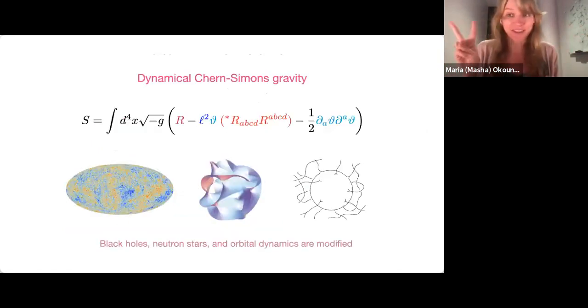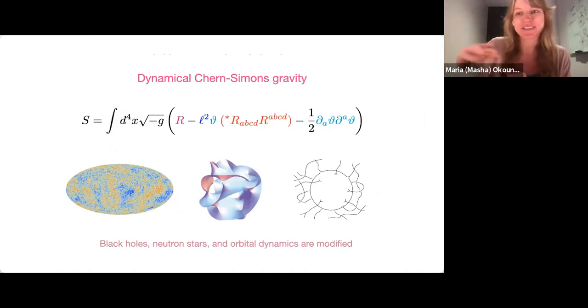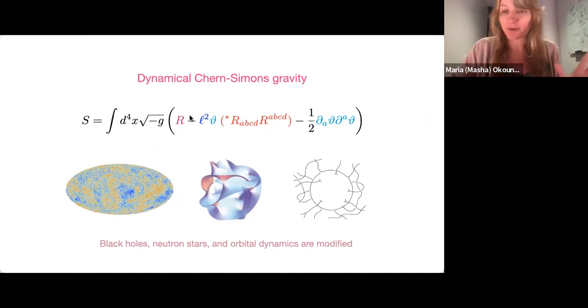And so the two specific theories we're going to talk about are dynamical Chern-Simons gravity, which is a quadratic theory of gravity. And I'll talk about this in a little bit more detail towards the end of the talk. The thing about dynamical Chern-Simons gravity is that it has general relativity right here, and a quadratic curvature piece here in this Pontryagin density, the dual of Riemann contracted with Riemann. This length scale governs this, the fact that we're working in an effective field theory, right?